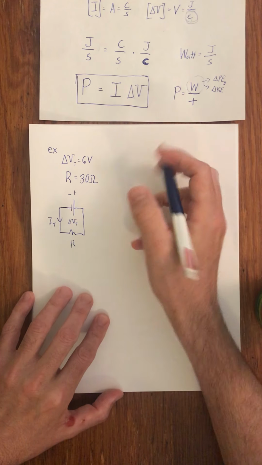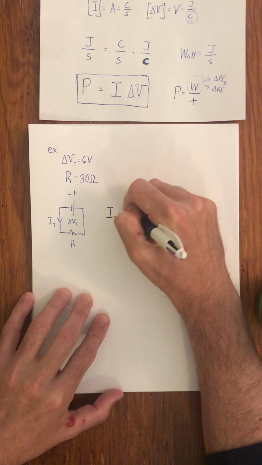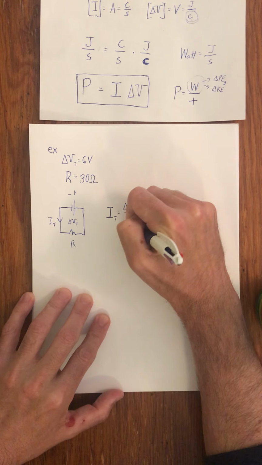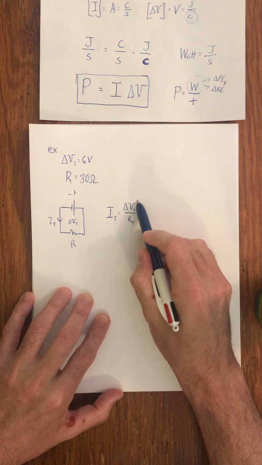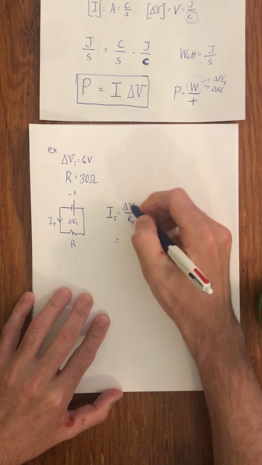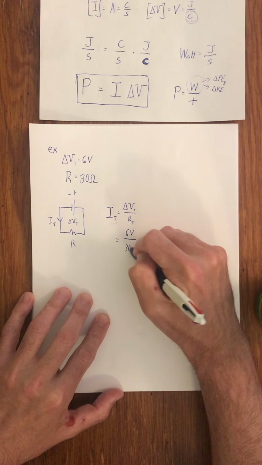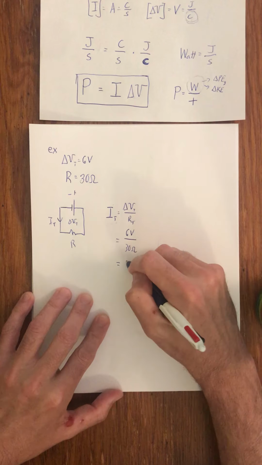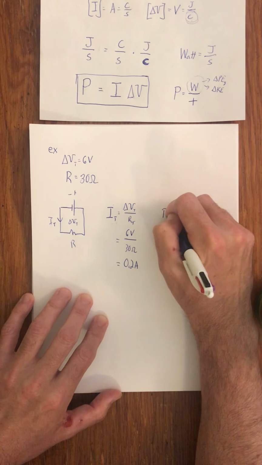Well, how much current do I have? I_T here is going to be delta V_T over R_T, meaning the total resistance that the circuit offers, the current through the battery, the potential difference supplied by the battery. Therefore I get 6 volts over 30 ohms. A volt per ohm is an amp, so 0.2 amps. Now, I could then find power.